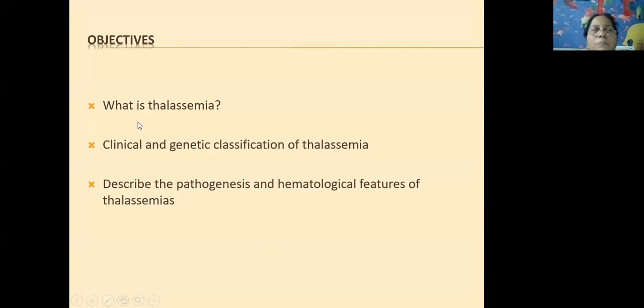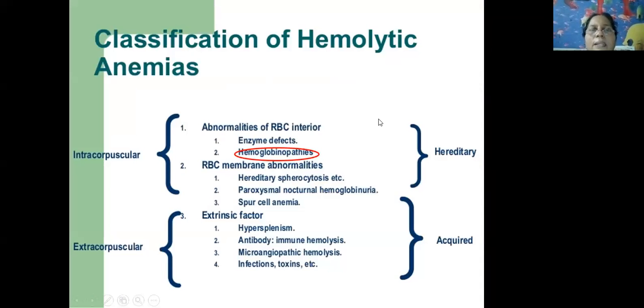So now the objectives are: what is thalassemia, clinical and genetic classification, pathogenesis and hematologic features. Already we saw this classification. So where does thalassemia stand?